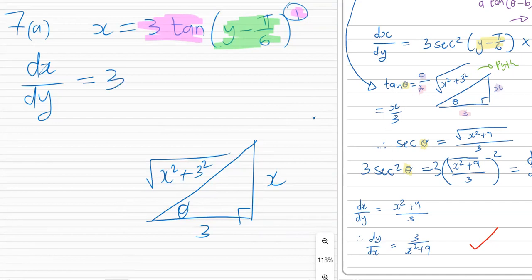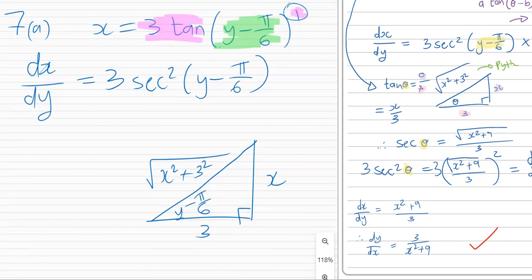So if we had our dx dy, which was our original function, was this, just a pi over 6. And we know that we made this theta, if I rewrite it now, as y minus pi over 6. Okay. So let's rewrite this in terms of x. Now we have everything we need.